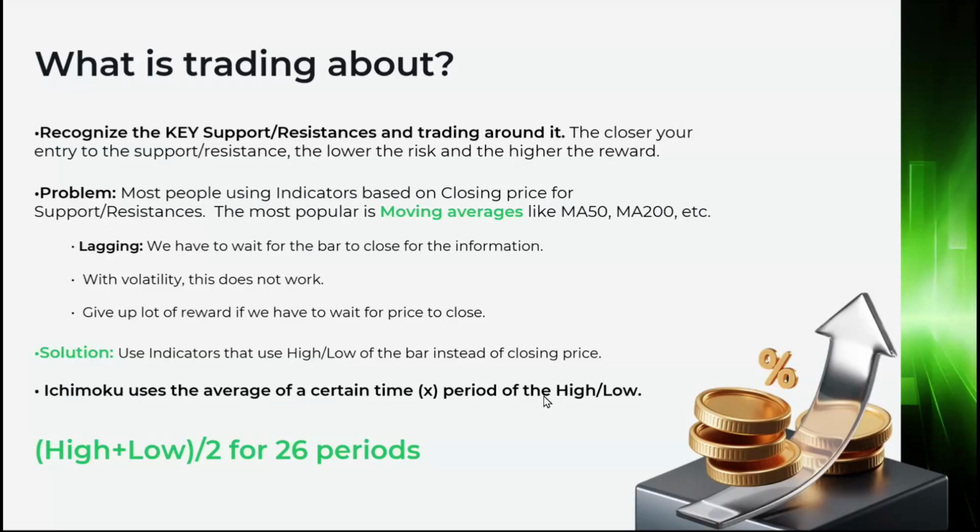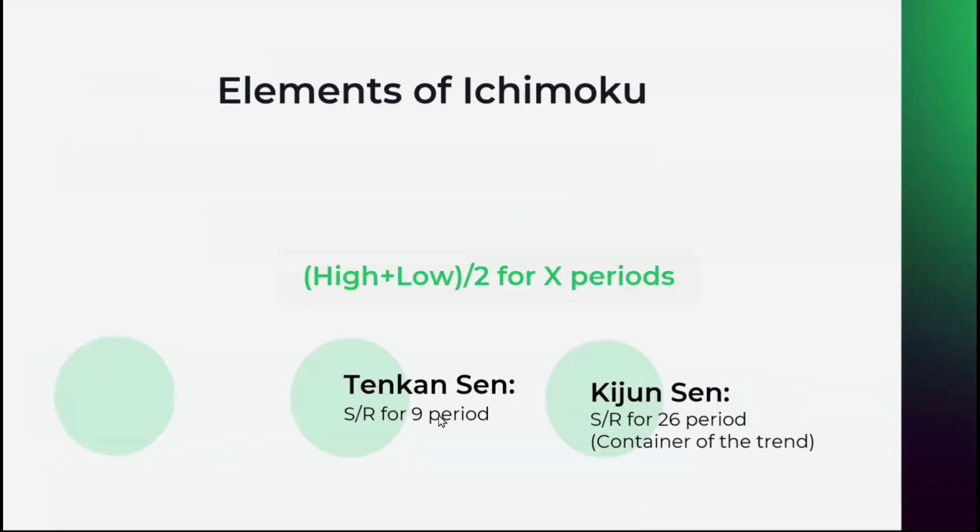So it takes the high and low for X bars and then divides by 2 to give you the average. Basically, it's the 50% Fibonacci level of a range. Okay. So that is the formula.